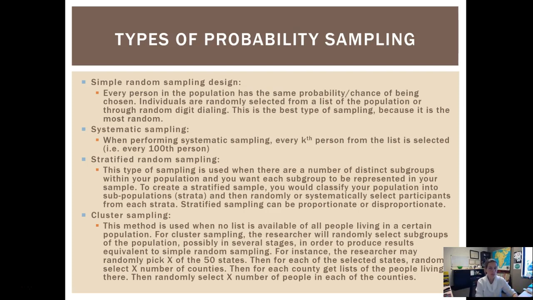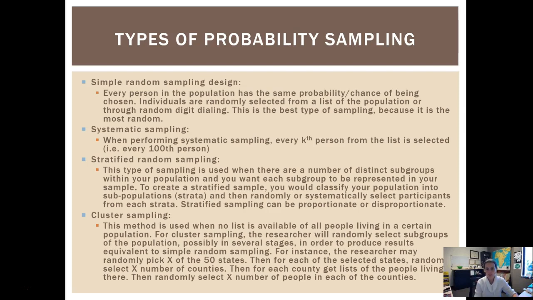Stratified random sampling is similar to quota sampling, which we just discussed. So quota sampling was the non-probability approach where you try to meet certain quotas. Stratified random sampling is the exact same, except that it is a probability approach where you do use probability theory to collect data from your sample. So with stratified random sampling, you would, again, divide your population into distinct subgroups.